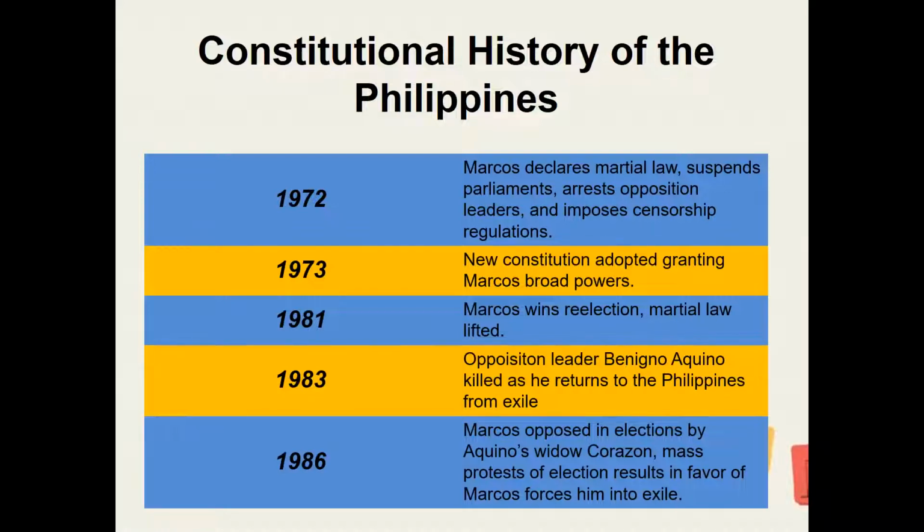But the 1973 Constitution gave him power to extend his term as president. So in 1981, Marcos wins re-election and martial law was lifted. In 1983, opposition leader Benigno Aquino was killed as he returned to the Philippines from exile.